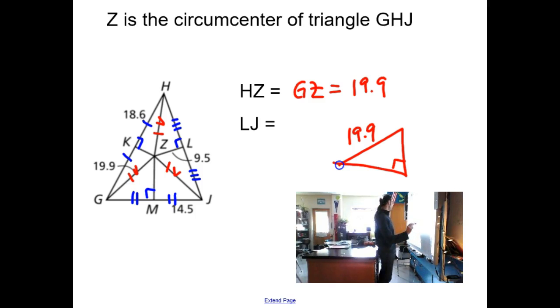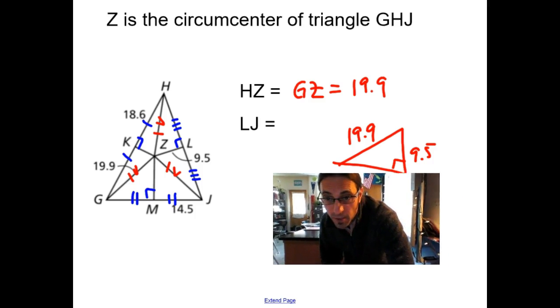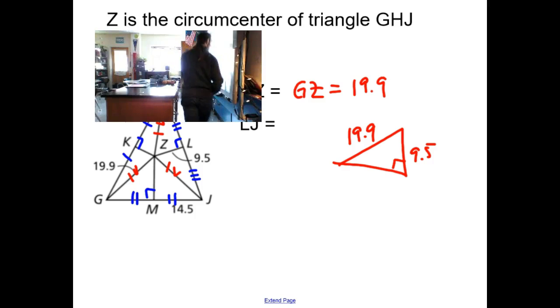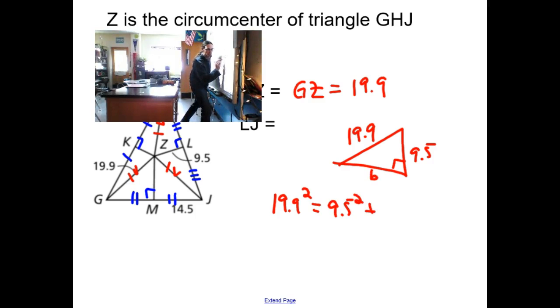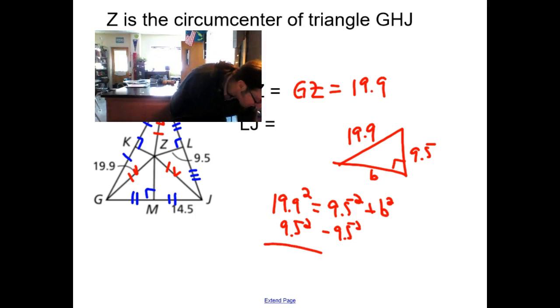And I know this is 9.5. So, Dax, how would you find out what this third side here is? You're right. You'd use the Pythagorean theorem a little bit backwards. Let me get my picture out of the way. So you're saying, hey, I know the hypotenuse, 19.9 squared equals 9.5 squared, plus this side here, squared. So I subtract 9.5 squared from both sides. And warning, don't forget PEMDAS, you have to do the squarings first.